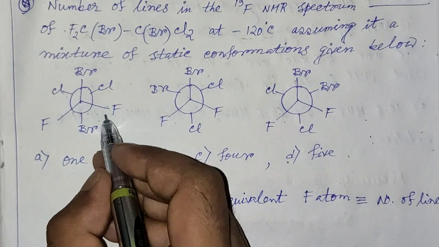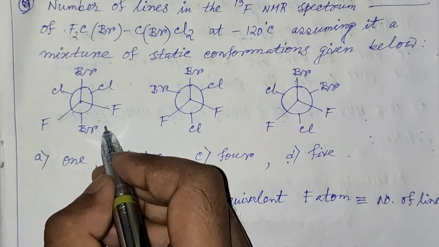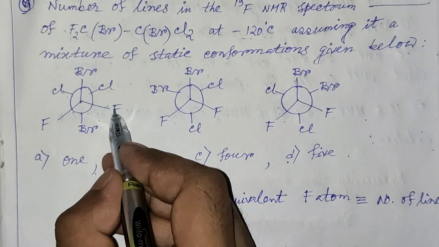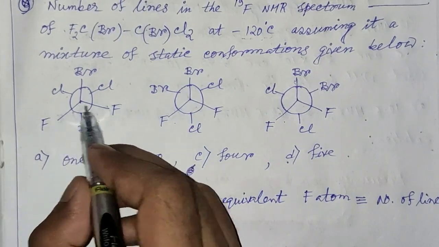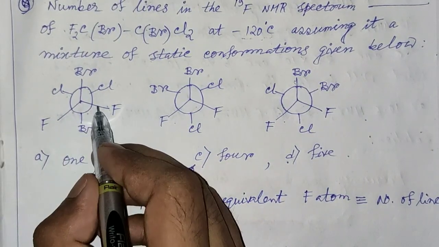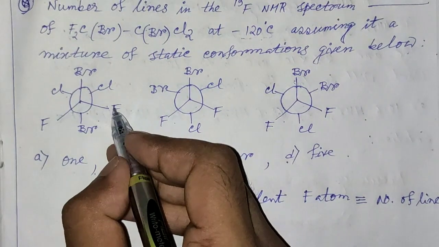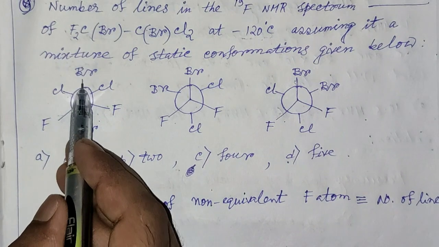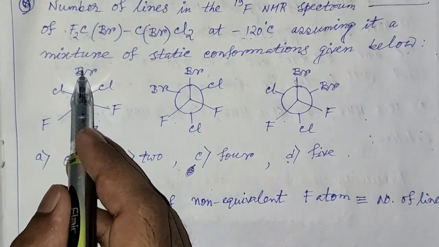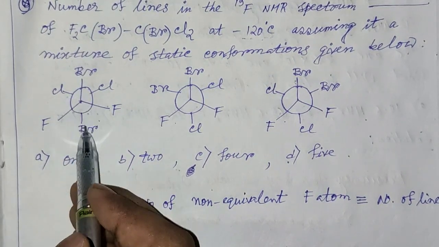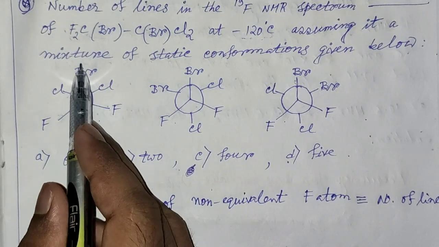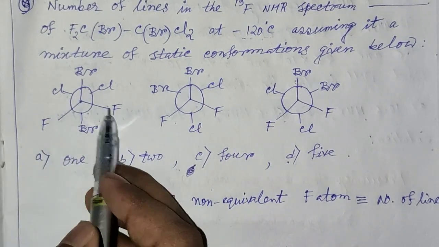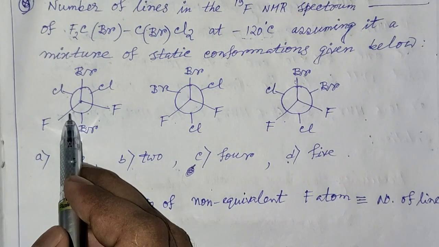From structure 1 we can see that both these 2 fluorine atoms are equivalent. We can also say that there is a sigma plane passing through the bromine carbon, the back side carbon, and this bromine, it will bisect the molecule and these fluorine atoms will be similar.